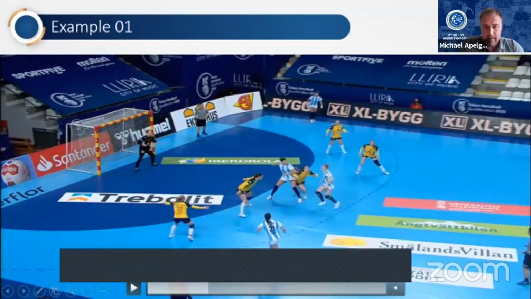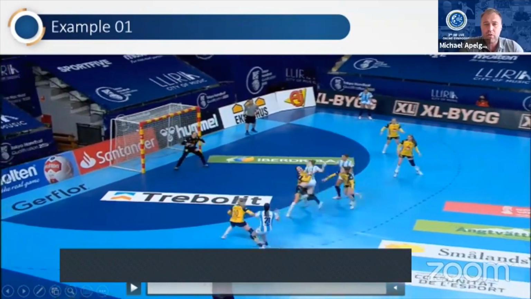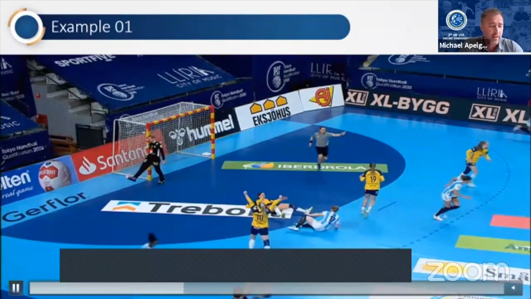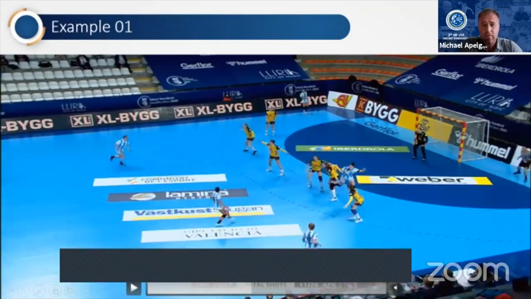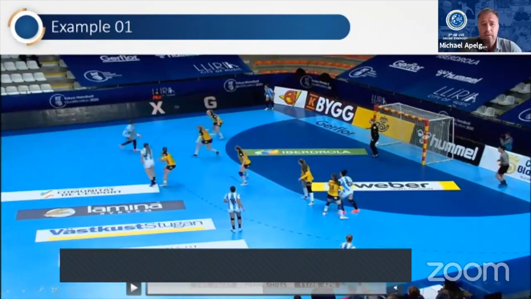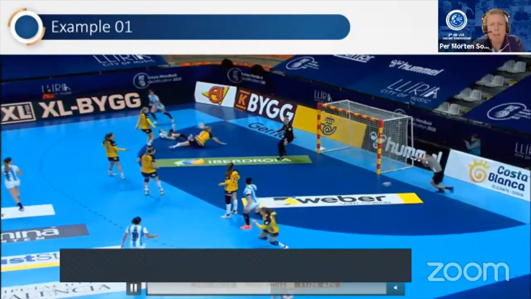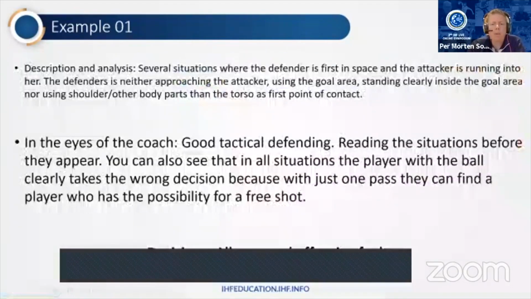And therefore, I don't have that much more to comment on this kind of clips, because they are defending well and reading the situations before. That is always what you want as a coach with good defending. Yeah. And here also, the referees become predictable.